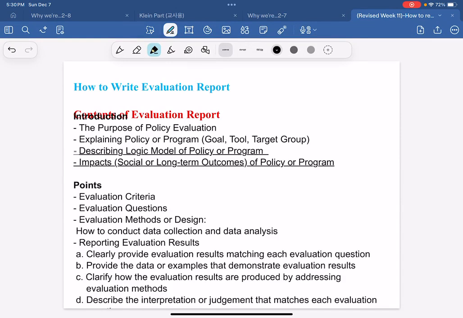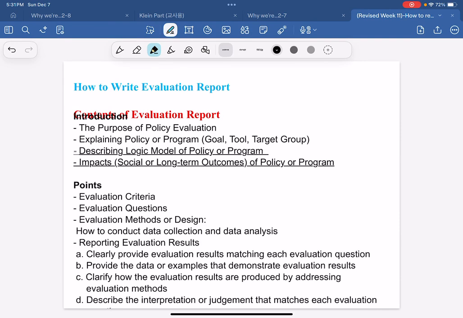And actually, introductions need to describe the policy or programs. And sometimes, evaluators should describe the logic model of policy or programs to display the process of policy activities, right?